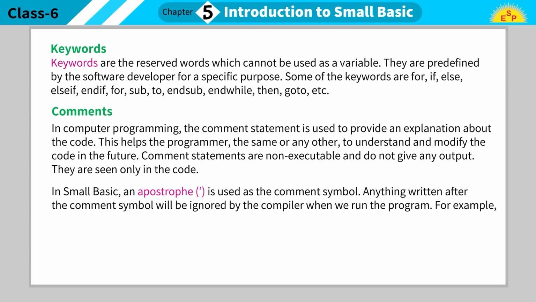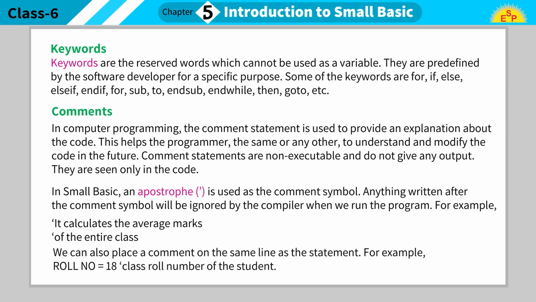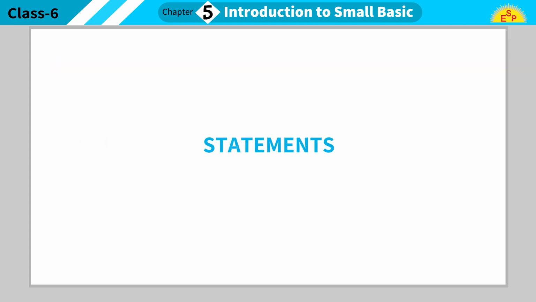Anything written after the comment symbol will be ignored by the compiler when we run the program. For example, it calculates the average marks of the entire class. We can also place a comment on the same line as the statement. For example, roll number is equal to 18, class roll number of the student.